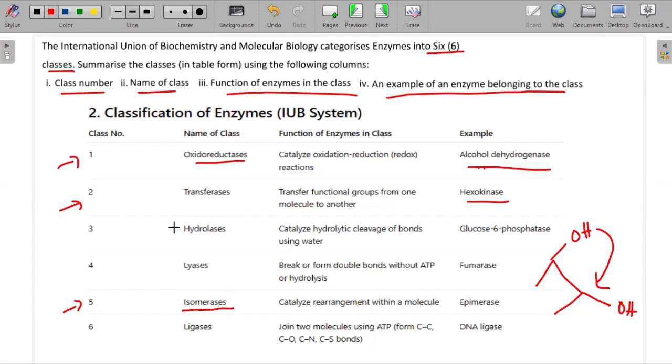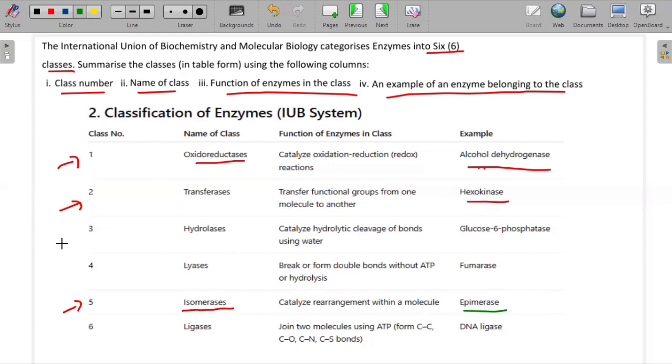The transferases transfer from one group to another, but the isomerases is just what? Within the same group, but they both do the transfer. An example of an isomerase enzyme is what we call the IP merase. You can do a search and find more examples of enzymes that can do such a thing.